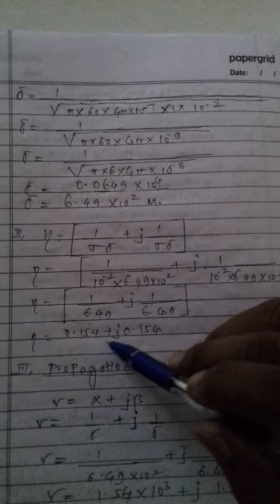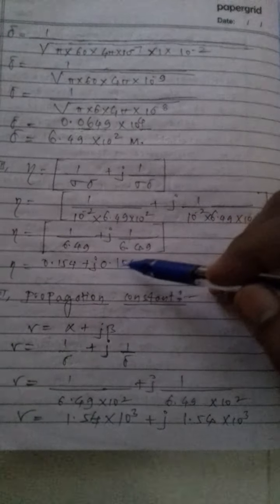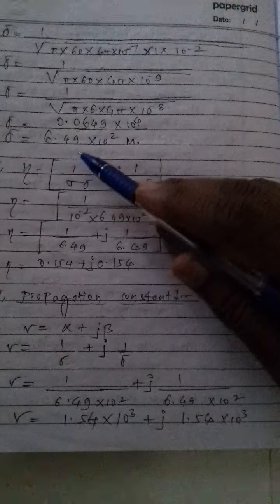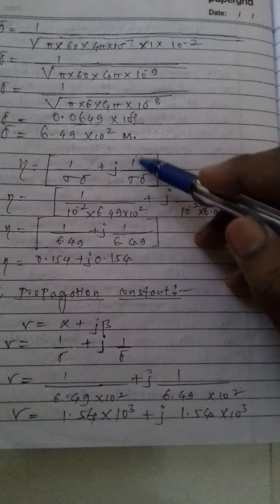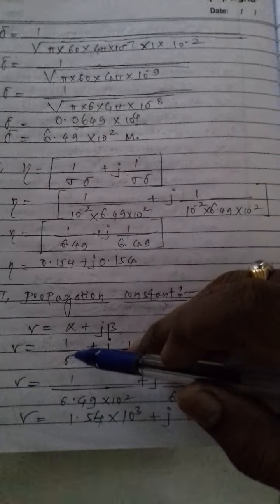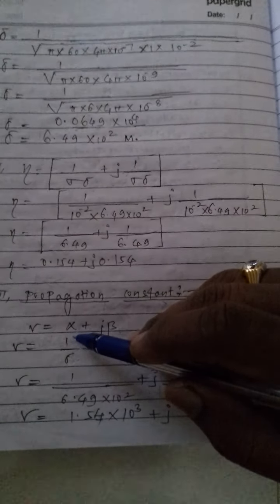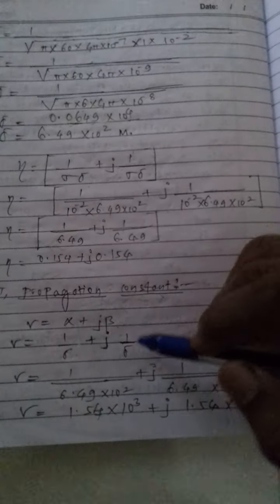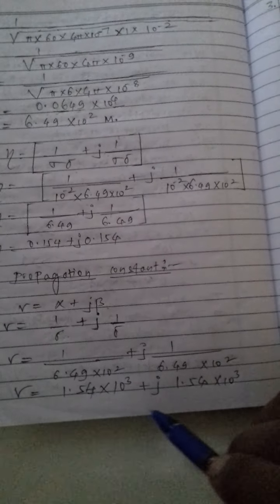The intrinsic impedance neta is equal to 1 upon sigma delta plus j 1 upon sigma delta. Propagation constant is gamma is equal to alpha plus j beta is equal to 1 upon delta plus j 1 upon delta.